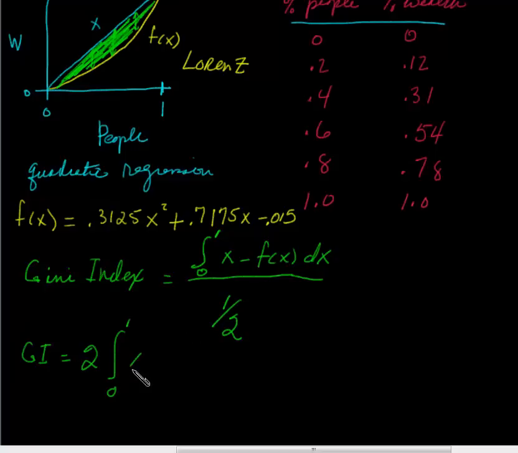So x is, of course, x minus, and here's my f of x, so I'm going to put a parentheses here, and this would be 0.3125 x squared plus 0.7175 x minus 0.15, decimal point goes right there, dx. And so that integral would be the Gini Index.